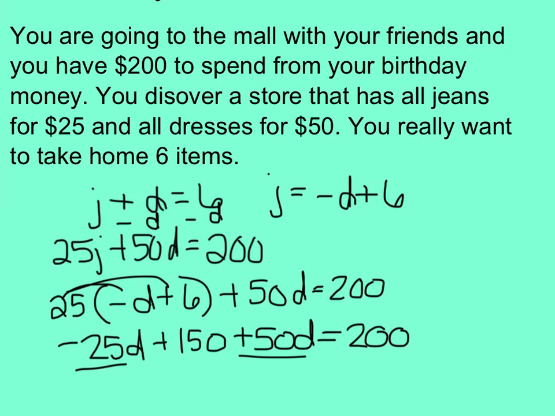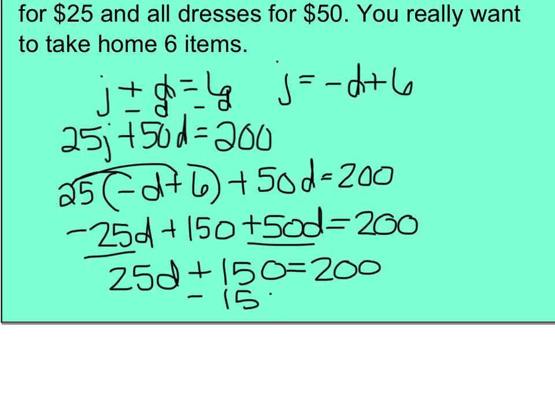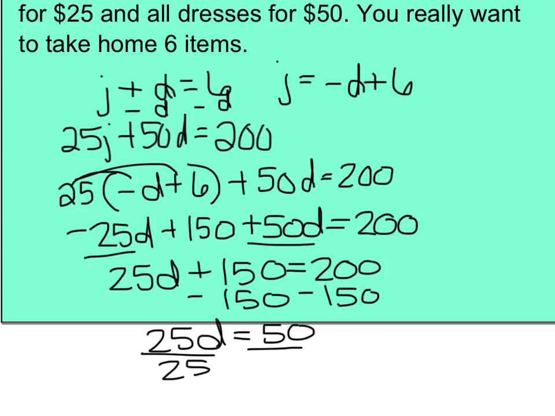We're going to add negative 25 and 50, which is a positive 25. And now we go minus 150. So 25d is equal to 50. Divide by 25. So the number of dresses would be 2.